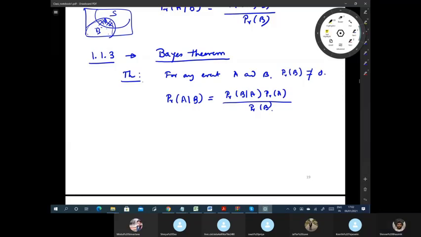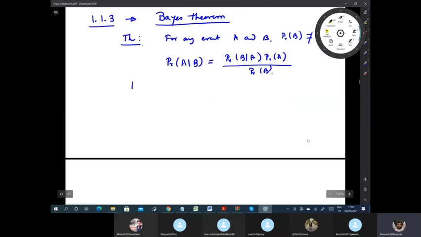So if we have the probability of A given B, that will be the same as the probability of B given A times the probability of A, divided by the probability of B. Why is it so useful? Let's prove it first. The proof is very simple, just one line.